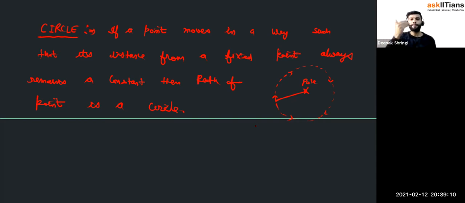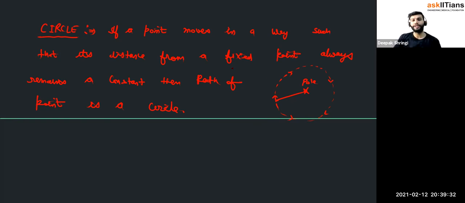Your distance from the pole was a constant, and that constant was the length of your hand, right? So when you are rotating around the pole, you have been covering a distance, and that distance was the length of your hand, a constant distance, right? And you have been covering a path, and that path is called a circle, right, guys?